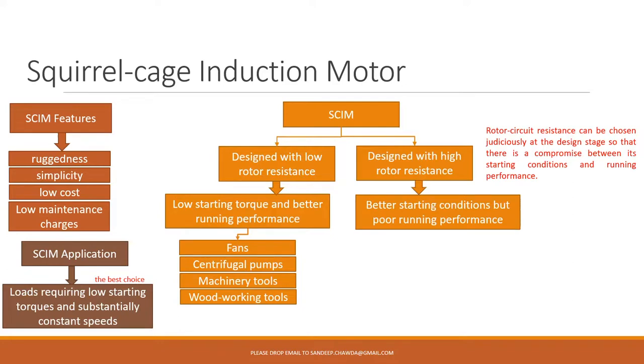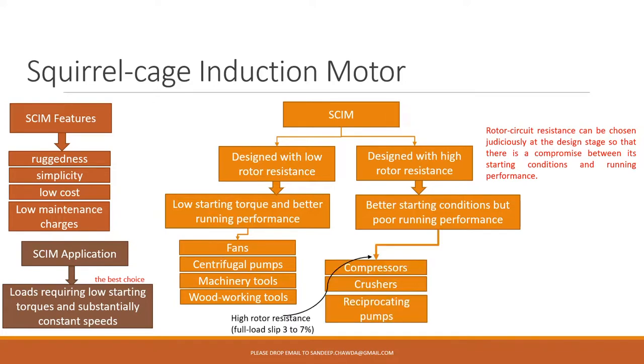When you are designing a squirrel cage induction motor with a high value of rotor resistance, you could improve starting torque, you are going to get better starting conditions, but the running performance will be deteriorated if a high value of rotor resistance is considered during the design phase.